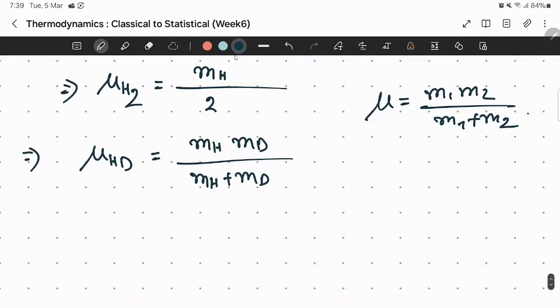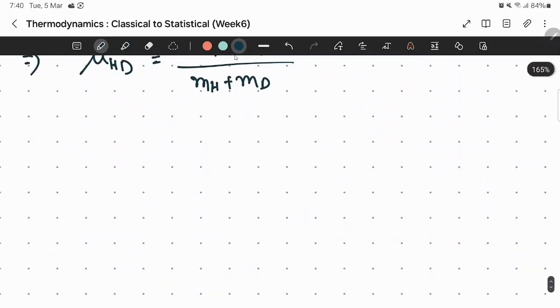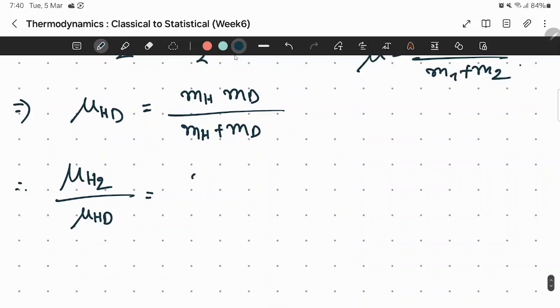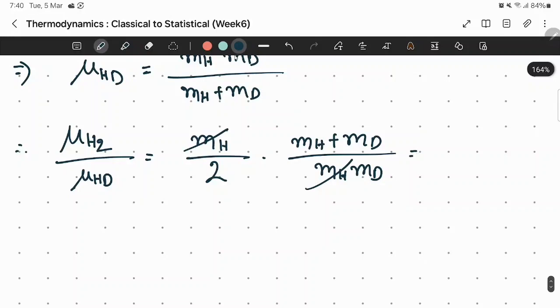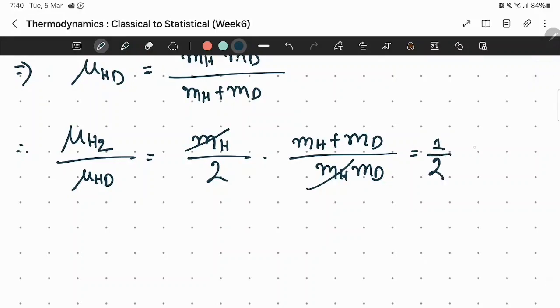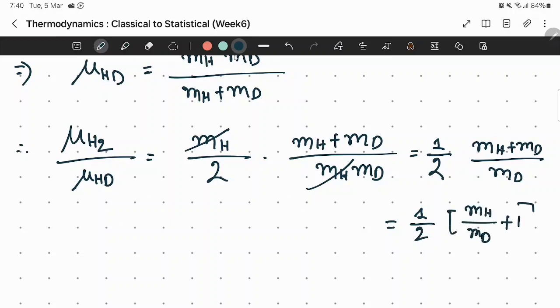So mu H2 divided by mu HD will be MH by 2 into MH plus MD by MH MD. So it will be MH by MD plus 1, all divided by 2.